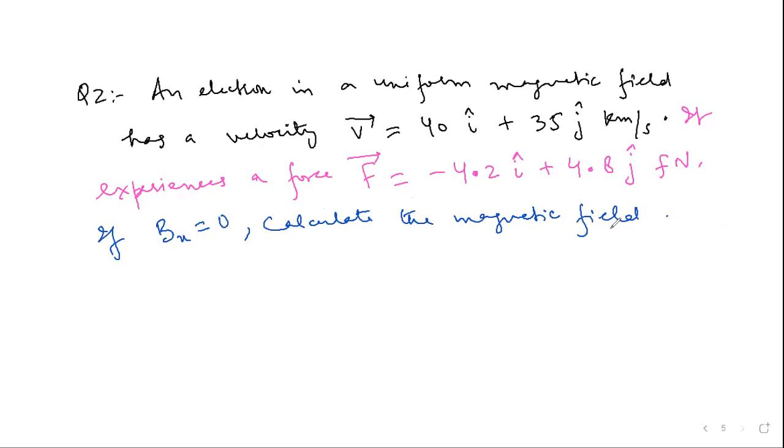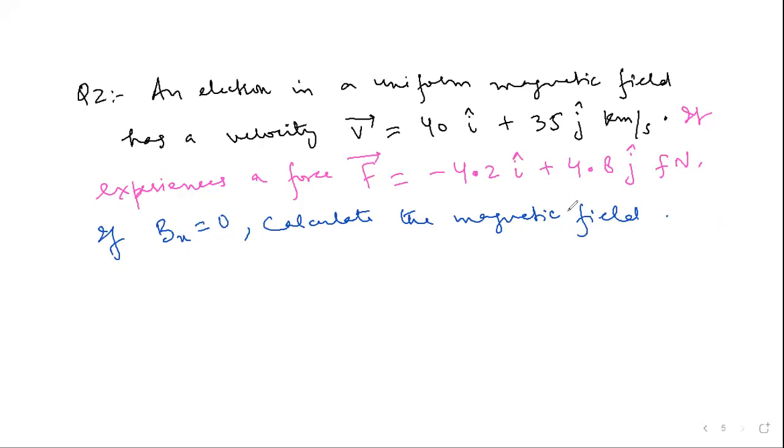It experiences a force F equal to minus 4.2 i cap plus 4.8 j cap femto Newton. If Bx is 0, calculate the magnetic field. Bx is what? It is the x component of the magnetic field.